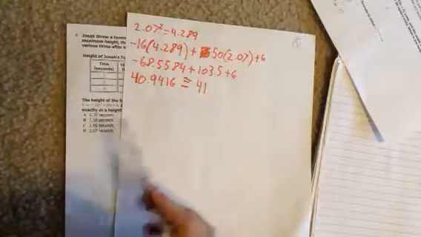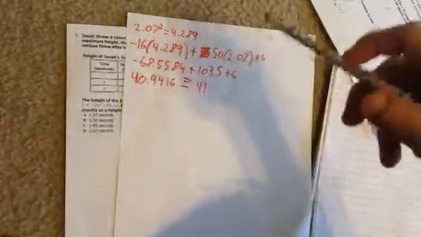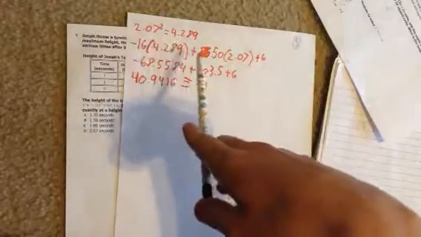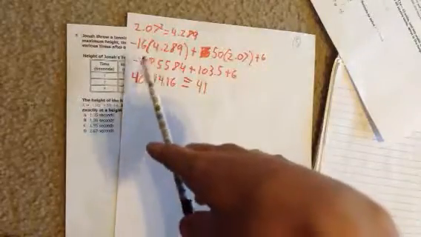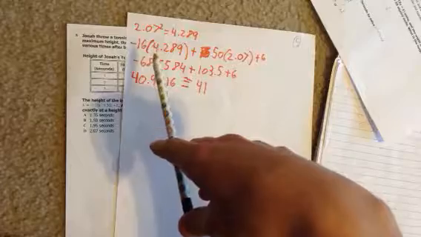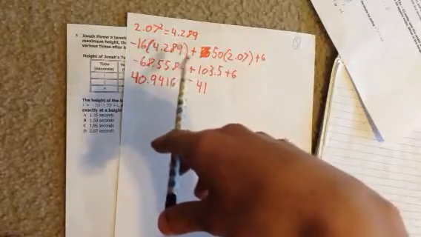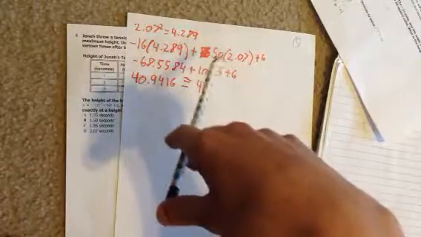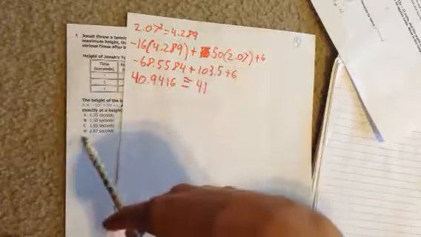If we plug in 2.07 for t and square it, we get 4.289. Plug that back into the equation. Negative 16 times 4.289, plus 50 times 2.07 from right here, plus 6.